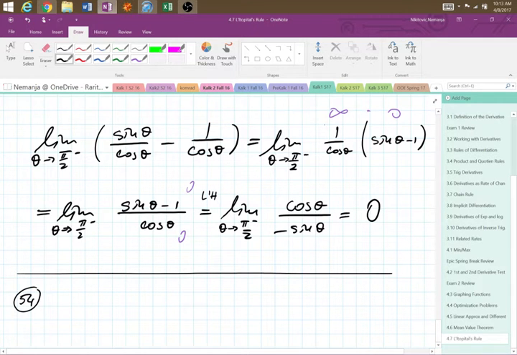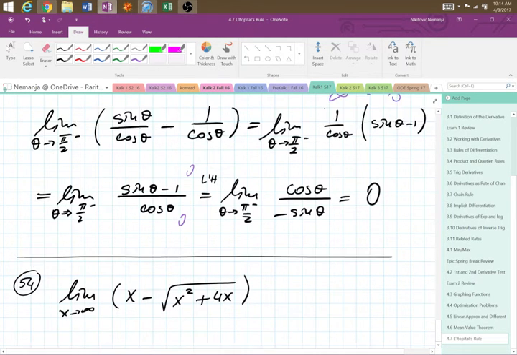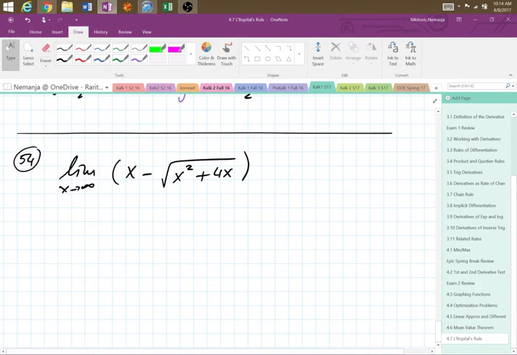It's the same situation. We have limit x goes to infinity, and then I have x minus square root of x squared plus 4x. So what's the process over here?